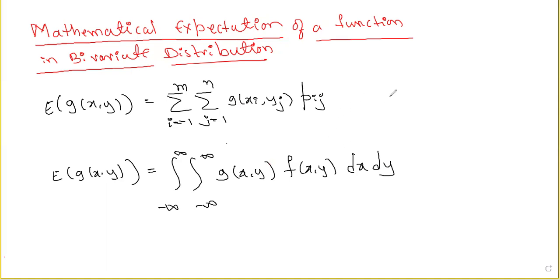So the first formula is for the discrete case, and this is for the continuous case. This is the definition of the mathematical expectation of a bivariate distribution.